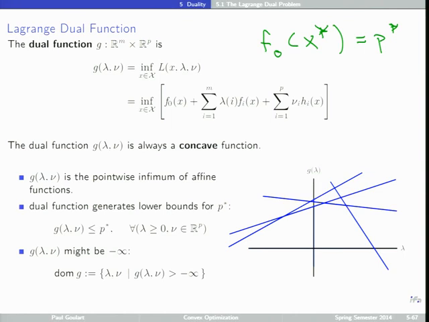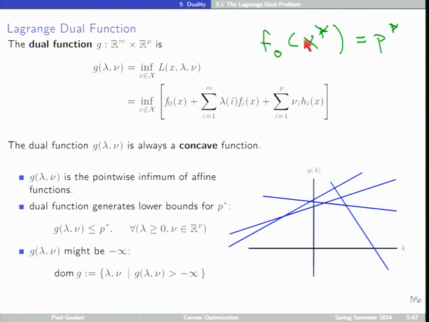Now I pick some lambda greater than 0 and some nu, and I think about what is the value of this function. So I'm minimizing this function over x, so I'm going to get a number that's less than the value of this function for every x. So I'll just pick one x, and then g will be less than this function evaluated at that one point, because it's less than the function evaluated at every point. So I just pick one, and I'm going to pick this one.